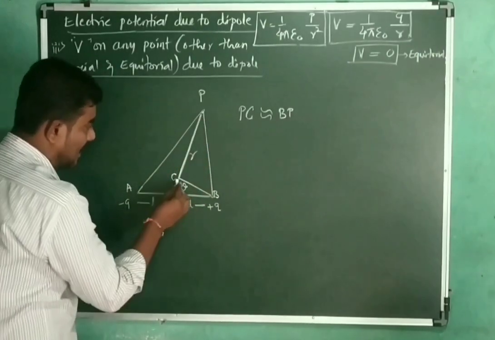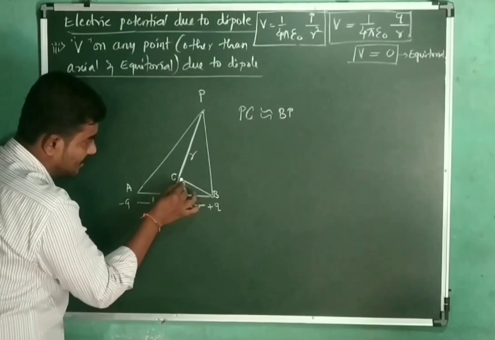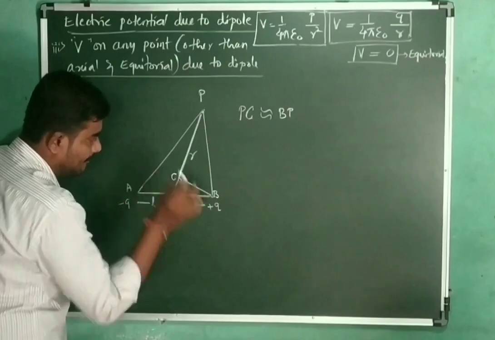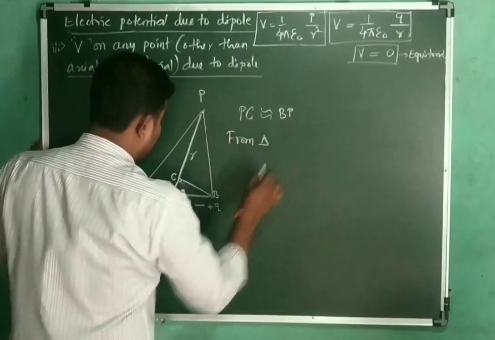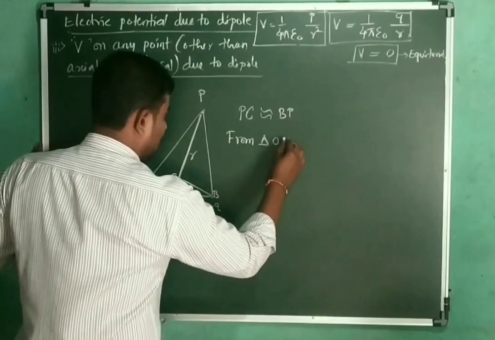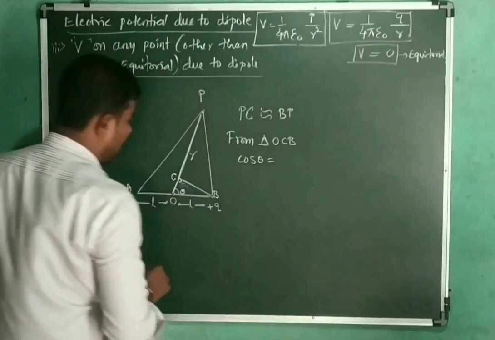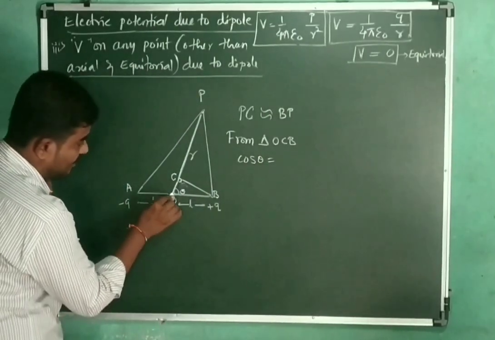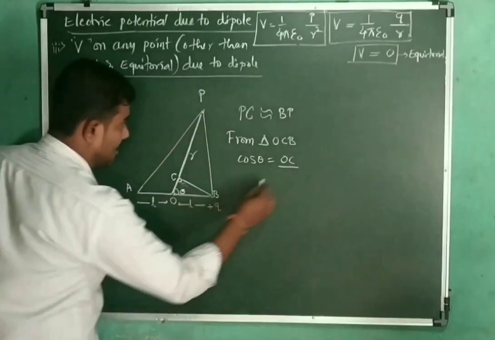As you can observe, this angle is theta, and this is 90 degrees. Therefore I can write, from the right angle triangle OCB, cos theta is equal to base divided by hypotenuse. Base is OC, and hypotenuse is OB.